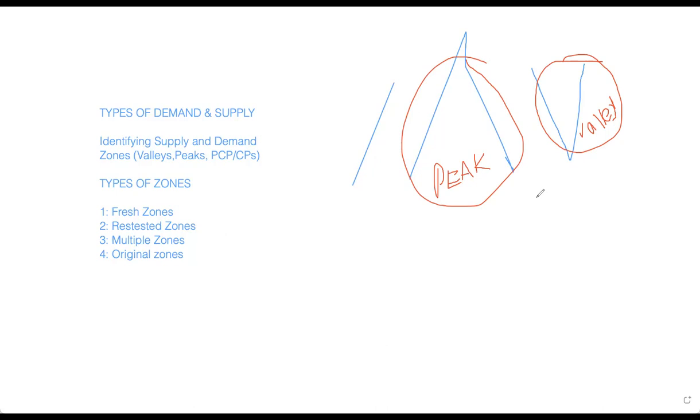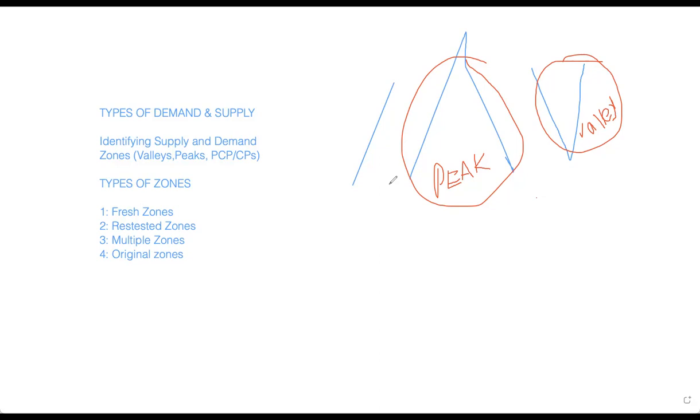So as a trader, when you read price action, you will always see those kinds of formations printed on your charts. Now we're going to go on our charts, and I'm going to show you valleys and peaks.